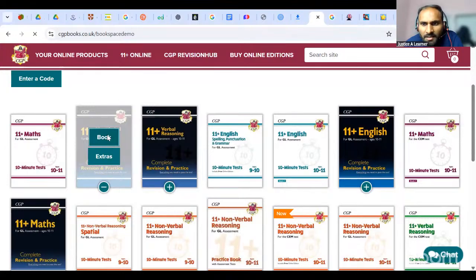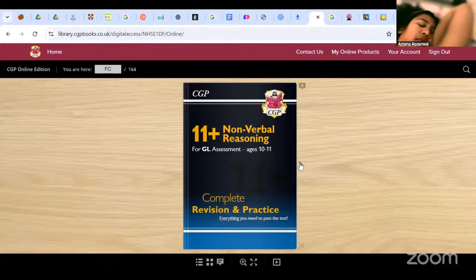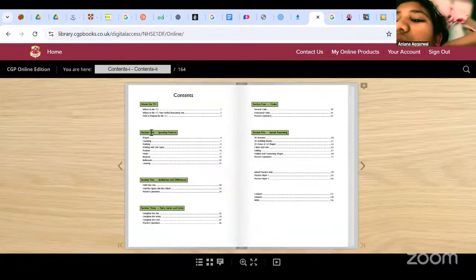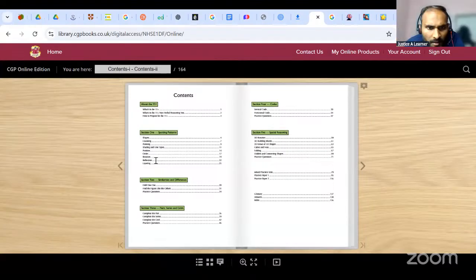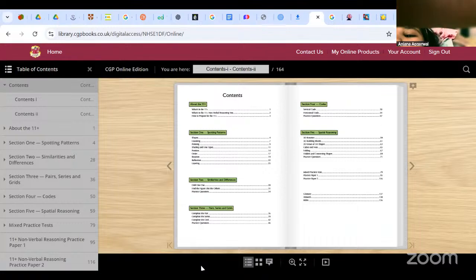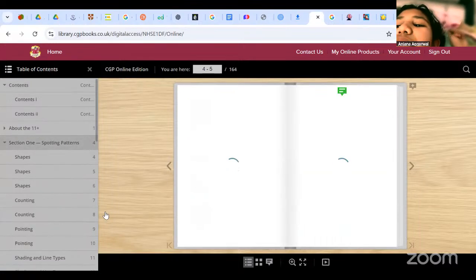I'll show you the content. Rotation and reflection. Reflection you need to understand, right? Yeah, page 22. And then we have to do another one. And then I've got two or three more that I don't understand.